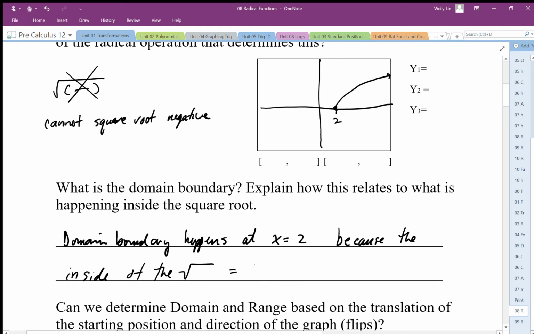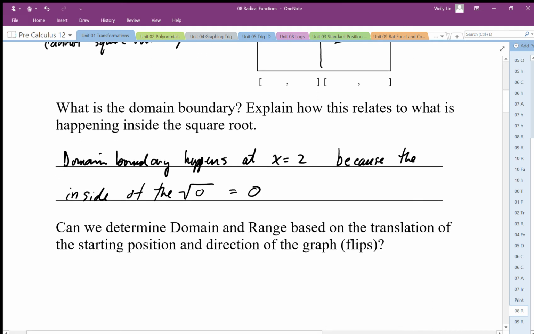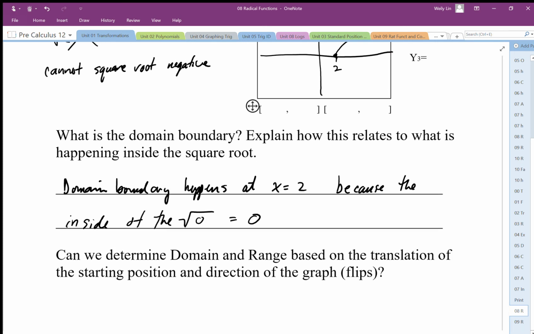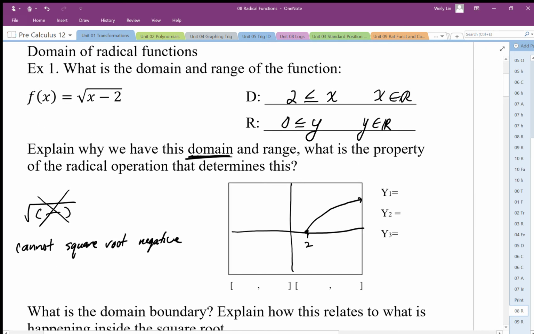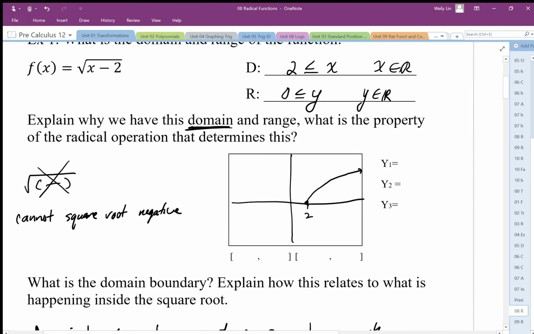So we get 0 inside there, and that's our boundary. 0 is our boundary for square roots. That's important. We want to make sure we establish that and recognize and use that when we start seeing these square root properties. So that's a big property of square root, that we cannot square root negatives. And so we want to be able to think of domain and range in terms of how the function restricts itself.